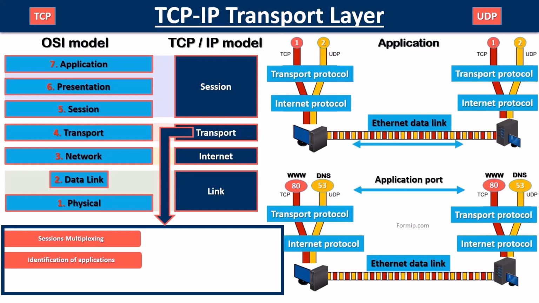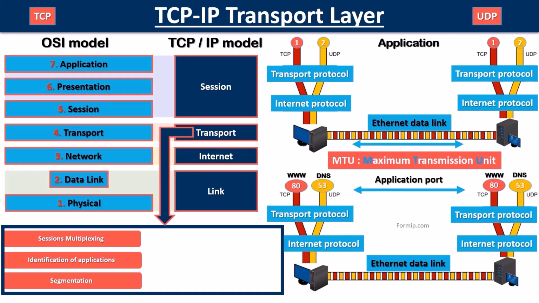Name System. TCP separates different-sized data blocks from the application layer and prepares them to be sent over the network. Each fragment is divided into smaller segments. The size of these segments is determined by the MTU, Maximum Transmission Unit.